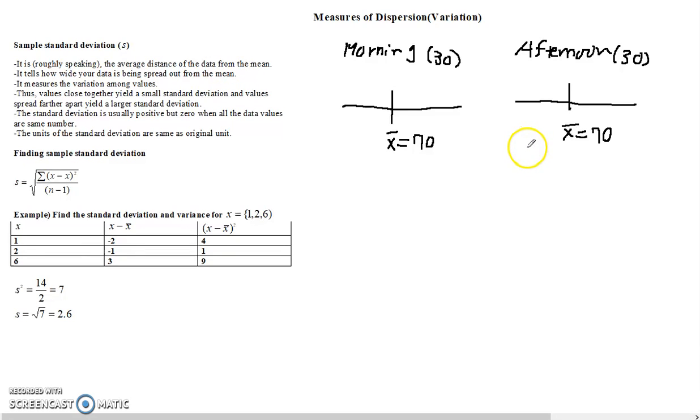But let's assume that in the morning class, the scores of the 30 students are much closer to the 70. For example, like this.